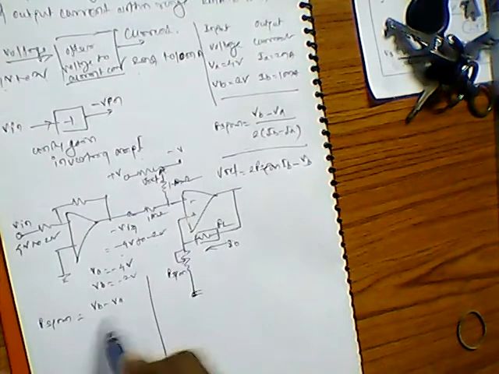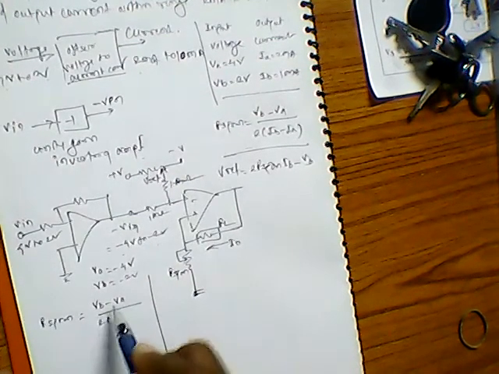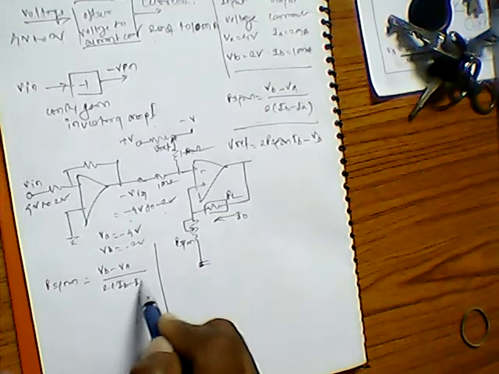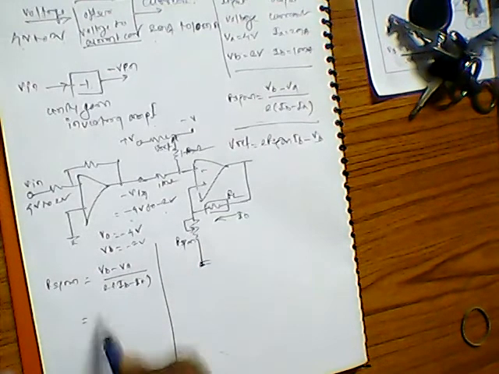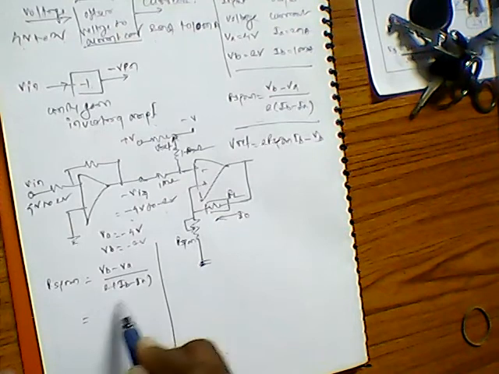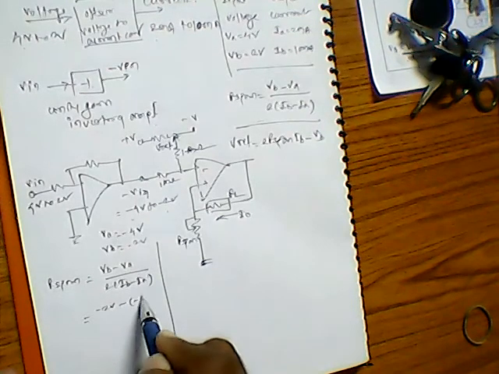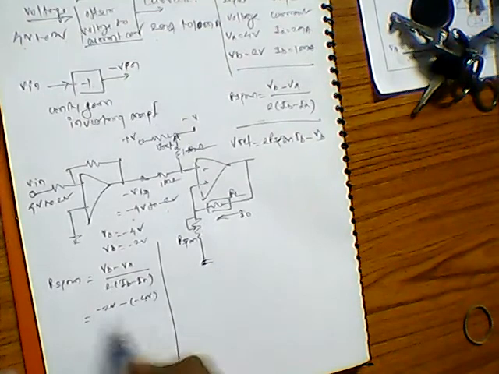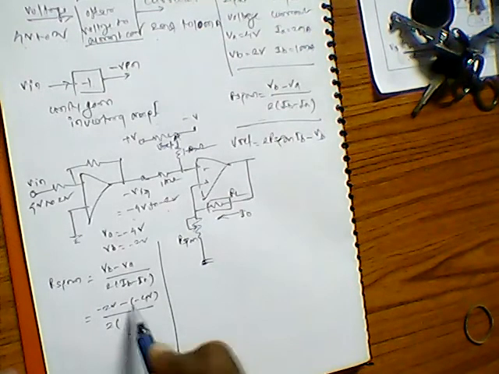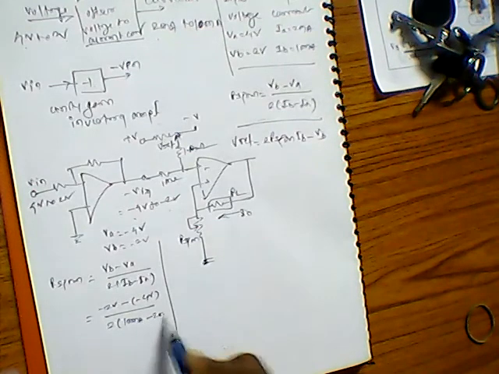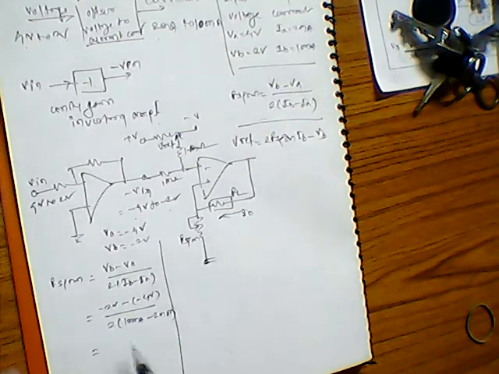So R span is equal to VB minus VA divided by 2 into IB minus IA. So VB is minus 2 volt minus of minus 4 volt, divided by 2 into 10 milliamps minus 2 milliamps.